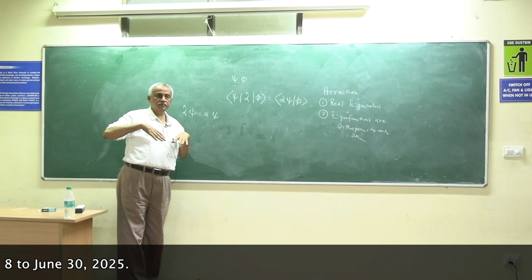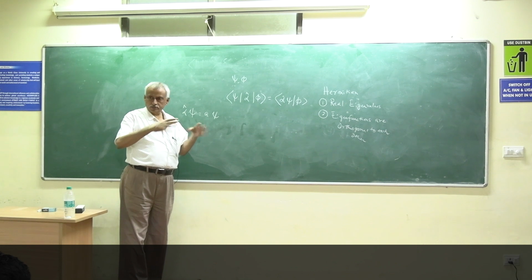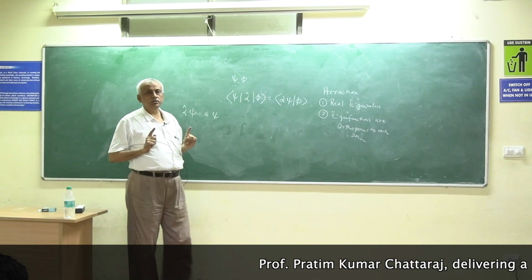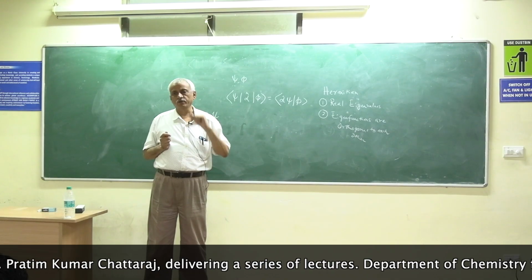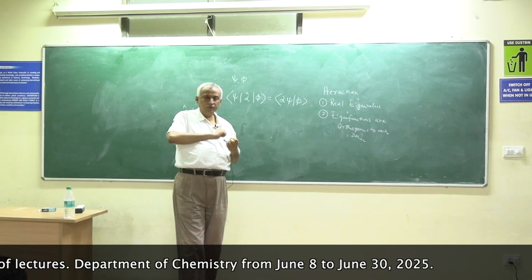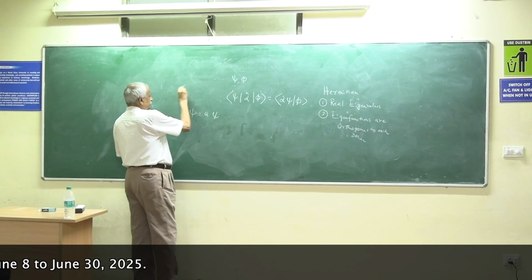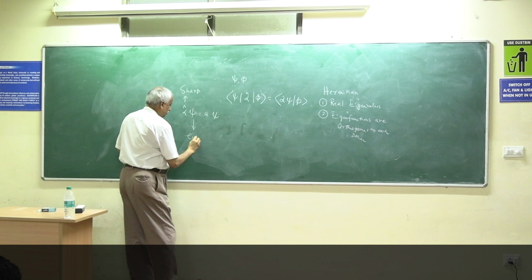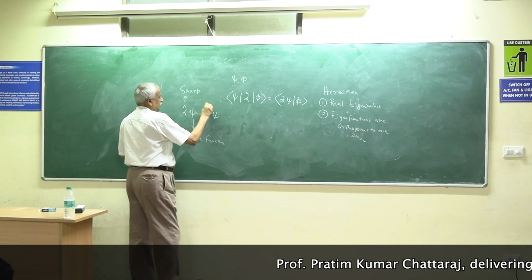But if you operate d²/dx² on sin x, you get sin x multiplied by some constant, minus 1. Similarly, if you operate d/dx on x squared, you get 2x, a totally different function. So if an operator obeys this type of property, it is called an eigenoperator, and this function is its eigenfunction, and this number is its eigenvalue.